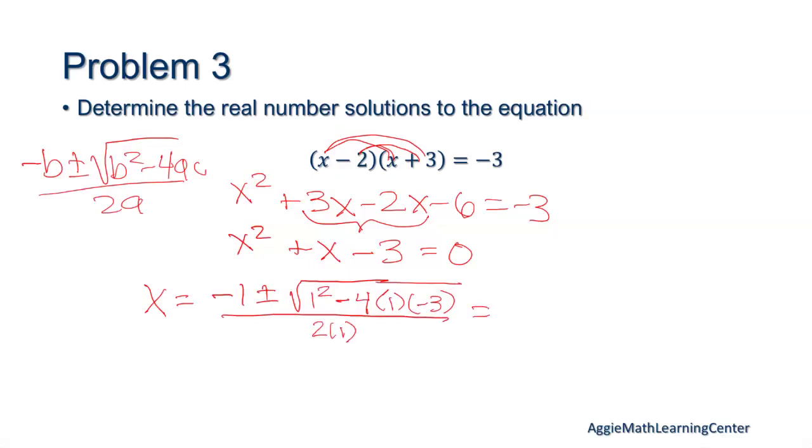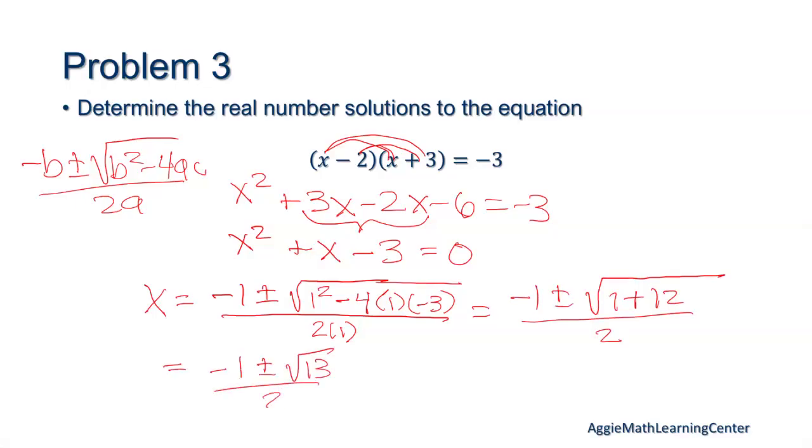Perfect. All right, so then we'll simplify. We have 1 minus, it's going to be negative 12, so 1 plus 12, over 2. And can we simplify anymore?